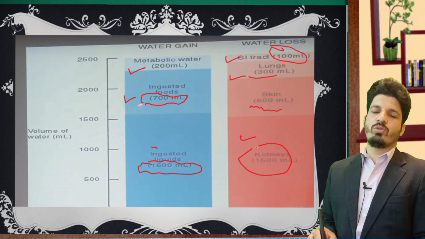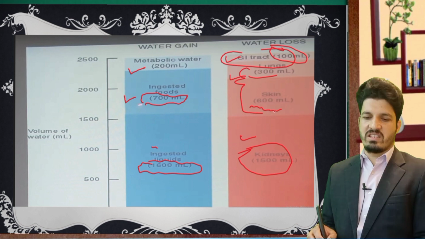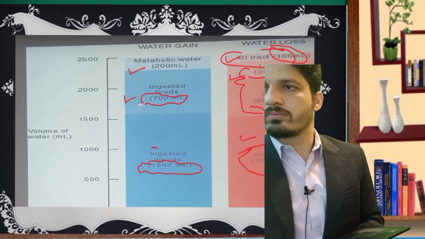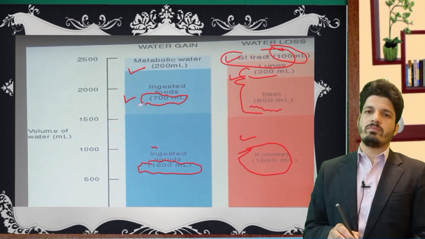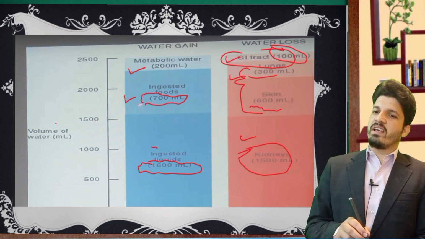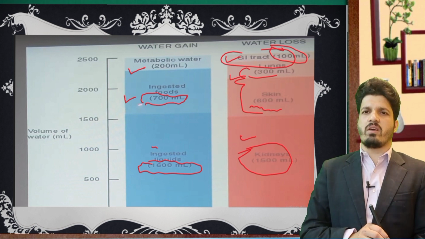So this is the urine, this is the stool, and this loss is the insensible loss. So the water gain should be equal to the water loss. This is the very basic concept.